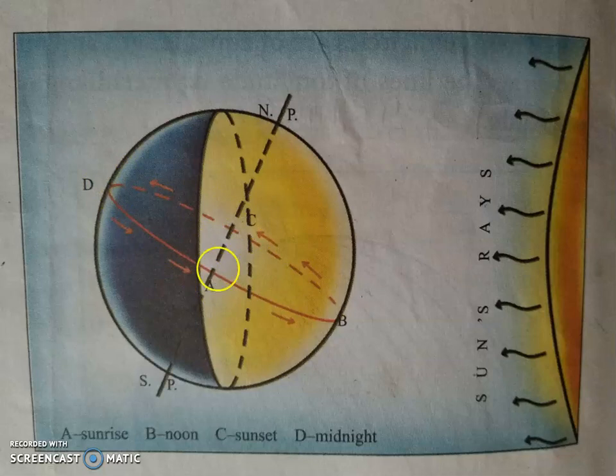So this is where again I will tell you, that is A, it means sunrise point, means in this area it will be sun rising, right? And in B area it will be noon time, and in C area that is sunset time, and in D area it will be midnight time, right? So I hope you understood the exact position and how the earth rotates, right?